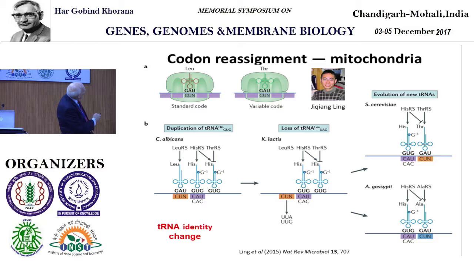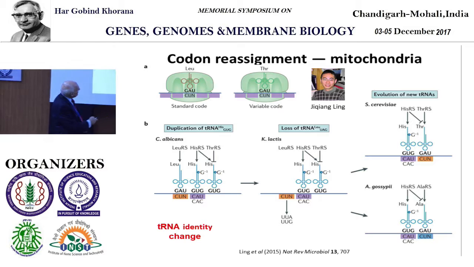If you go from albicans to lactis, then you see that this tRNA has been deleted, so only these leucine codons now exist in the mitochondrion. But if you then go to cerevisiae, then one of the histidine tRNAs is actually changing here and can be read by threonine tRNA synthetase.